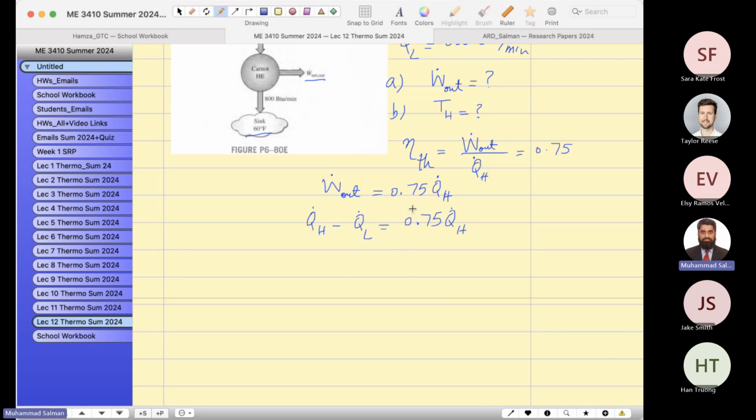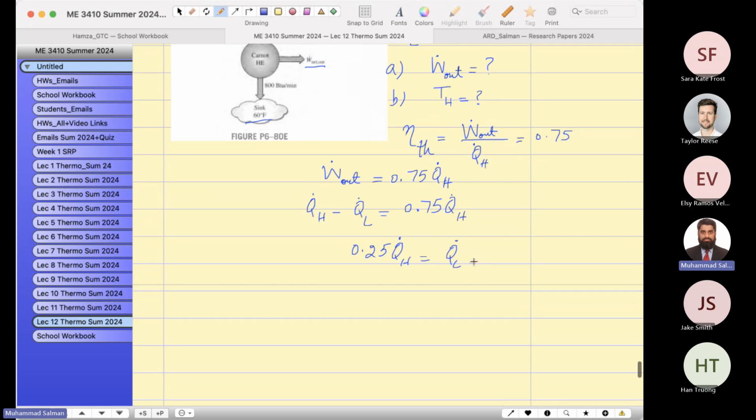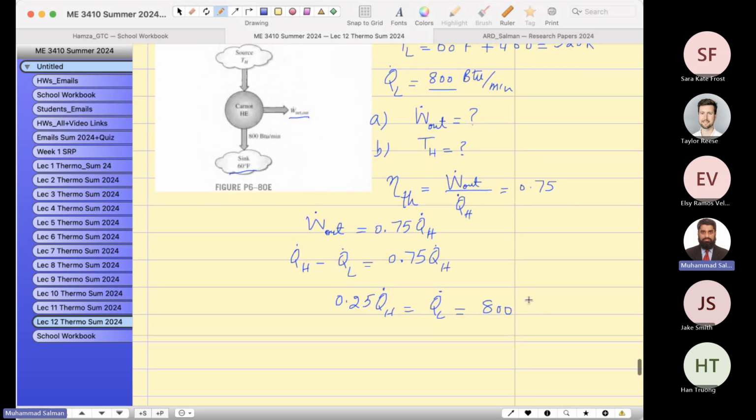If you bring this on the left hand side, 1 minus 0.75, I'm just simplifying this. Q dot L is 800, so it is equal to 800 BTU per minute.